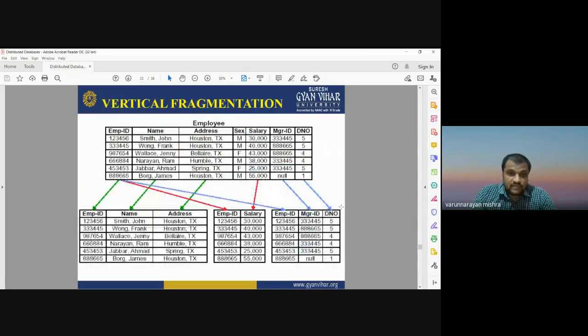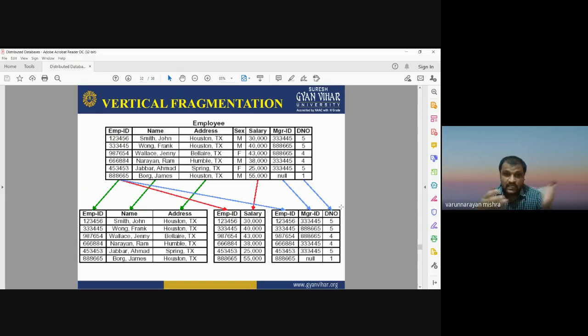You can see here the table has employee details: employee ID, name, address, sex, salary, manager ID, and DNO. This table is fragmented vertically into three different tables. The first table has only the employee ID, name, and address. The second table has the employee ID and the related salary of that employee. The third table has only the employee ID, manager ID, and DNO.